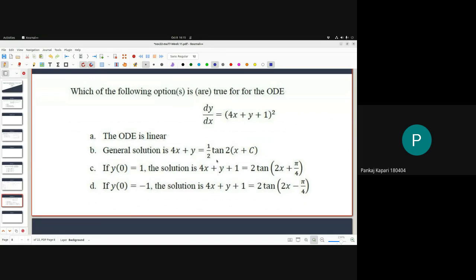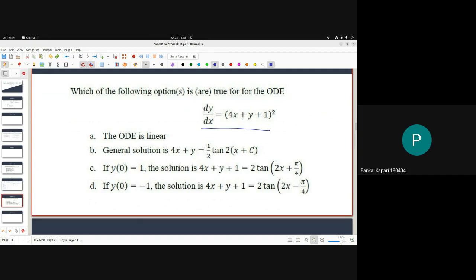Again, a differential equation is given. So this is our differential equation, and we have to solve this equation and find out which options are correct. All these three options are related to the solution of this differential equation. But the first option asks if the ODE is linear. Okay, so this ODE is not linear. Why? Because here you can see that this involves a square.